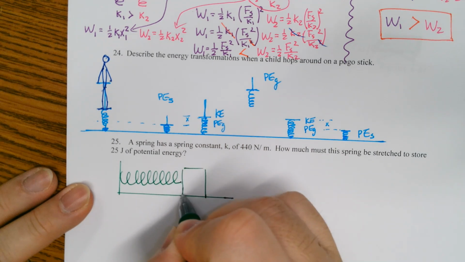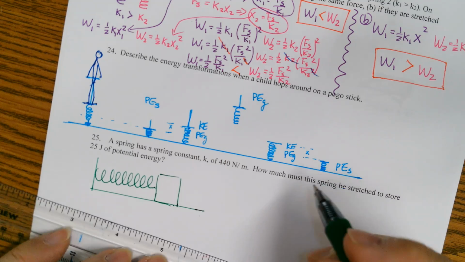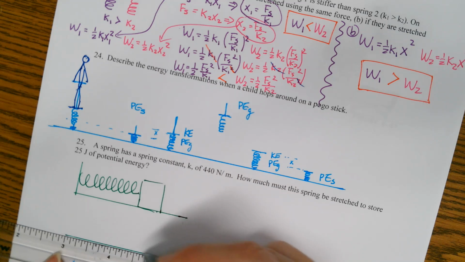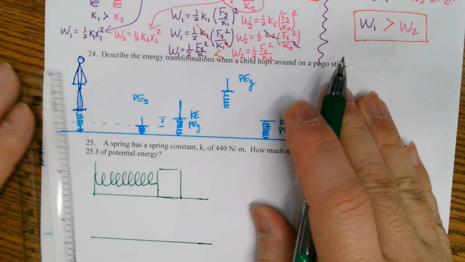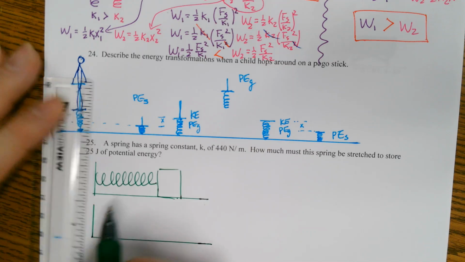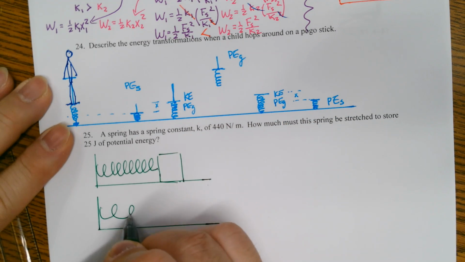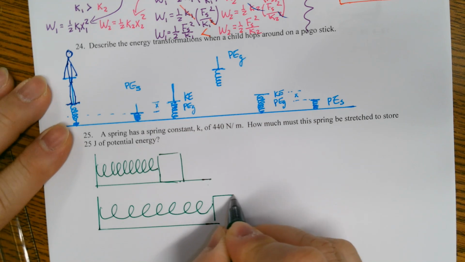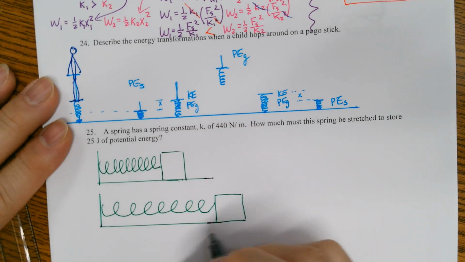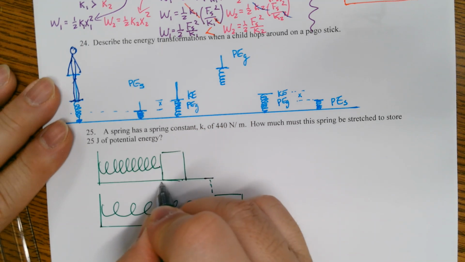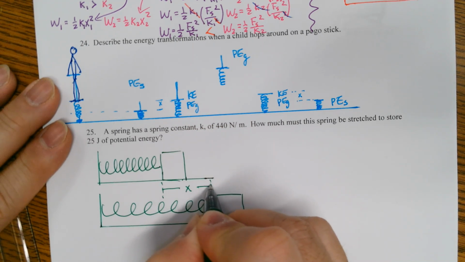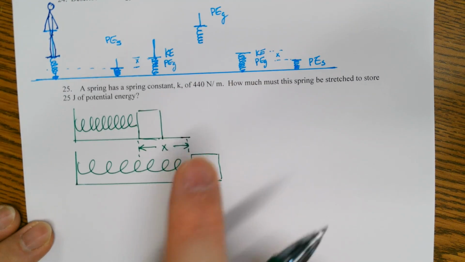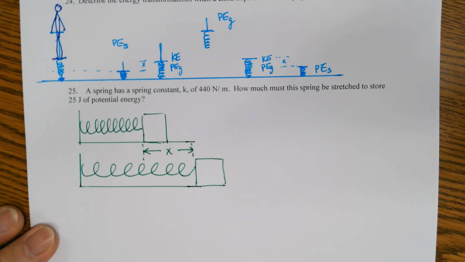We want to stretch this thing to a certain length so that it gains 25 joules of potential energy. So the distance of stretch, that distance x, will create 25 joules of potential energy.